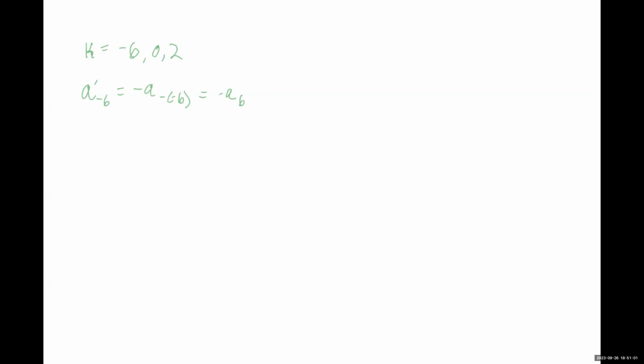So now we can evaluate our original function that defines a of k. We have a negative in front from this. And now we have 3 sine of 6 pi over 12 divided by 2 times 6 pi.